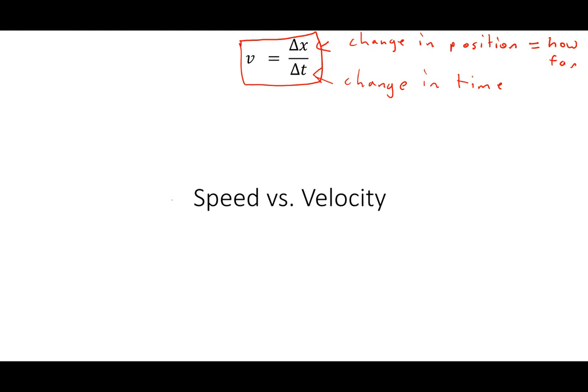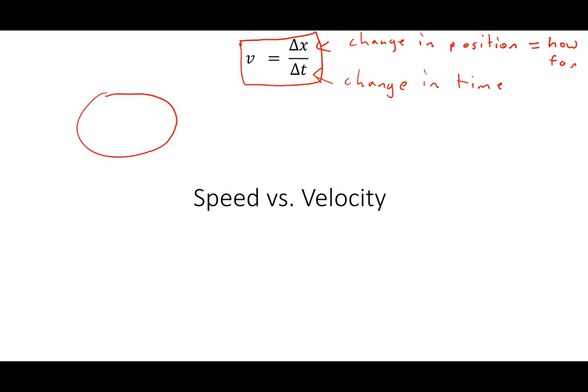Let me briefly touch upon speed versus velocity. We're going to use speed and velocity interchangeably in this class. However, they're not the same thing, and I do want you to have a basic understanding of the difference. Velocity is change in position, sometimes referred to as displacement.